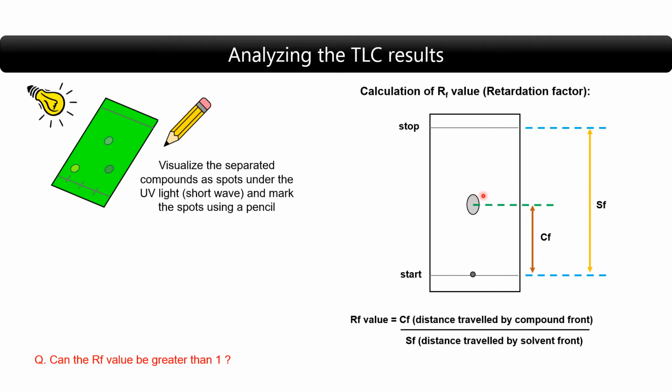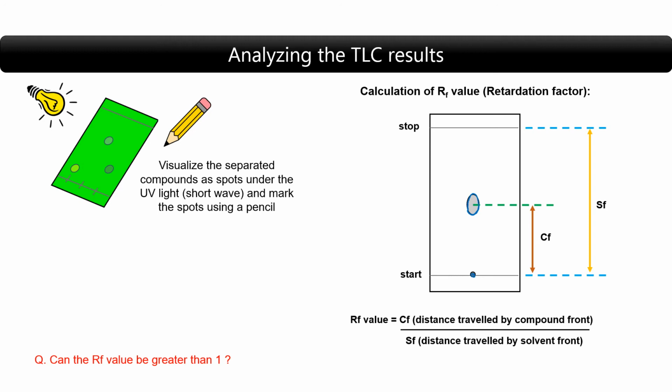Then for the compound, usually as these compound spots move along the TLC plate, they get a little bit diffused, which is why we have a much bigger circle-like spot instead of a very concentrated spot.